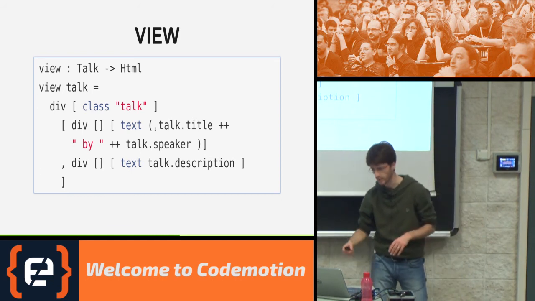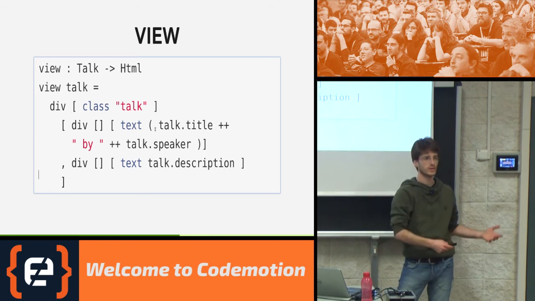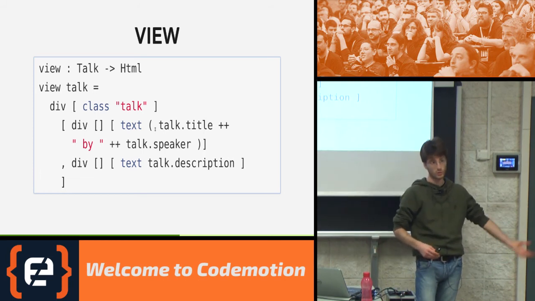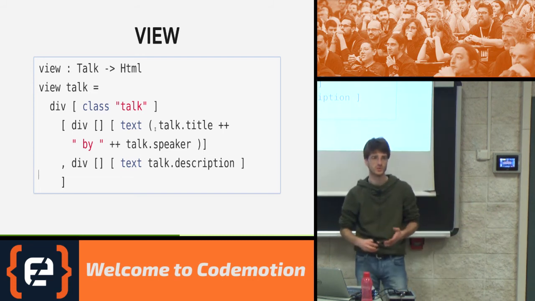So in Elm you can do a lot of stuff. If you want to integrate with other external components, you could do that, but maybe it's not the nicest developer experience.